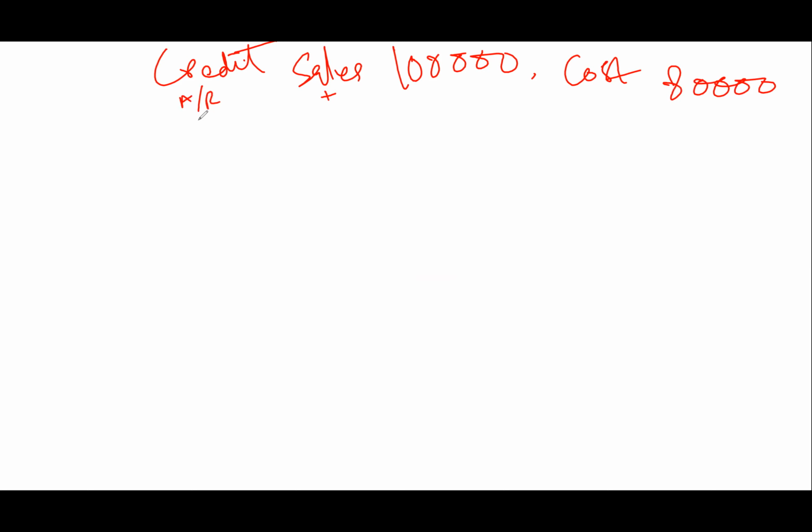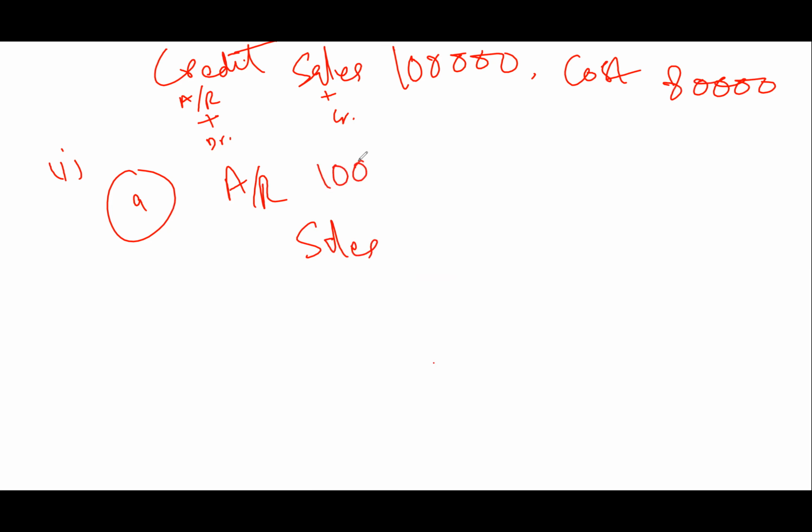Credit sales mean our customer owes us. So what is the entry then? You record the sales. Accounts receivable is our asset, asset increase, debit. Sales increase, credit, right? So accounts receivable to sales, 100,000.